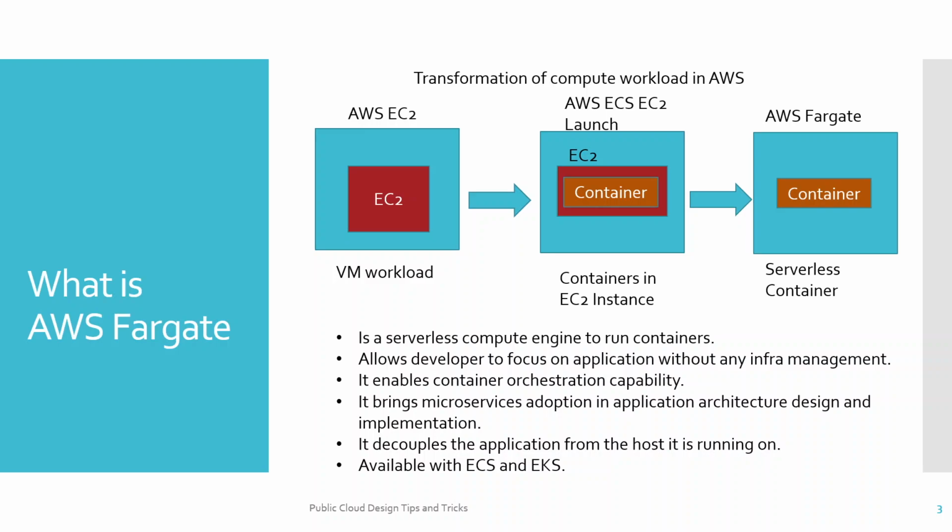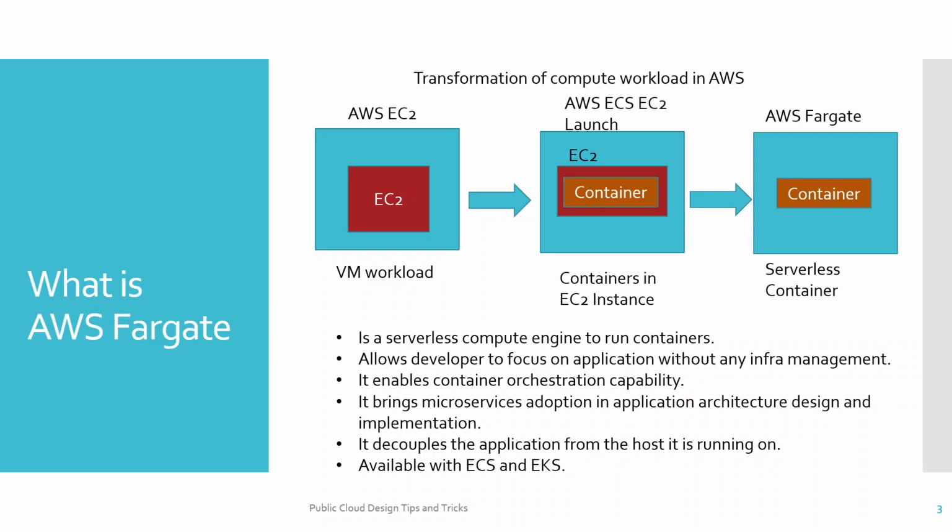And after that, AWS Fargate came into the picture, which is a pure serverless container approach. And that is where the developers don't need to worry about the infrastructure management part, and that is how AWS Fargate is a serverless compute engine to run containers. It allows developers to focus on the application without thinking of the infra management part.